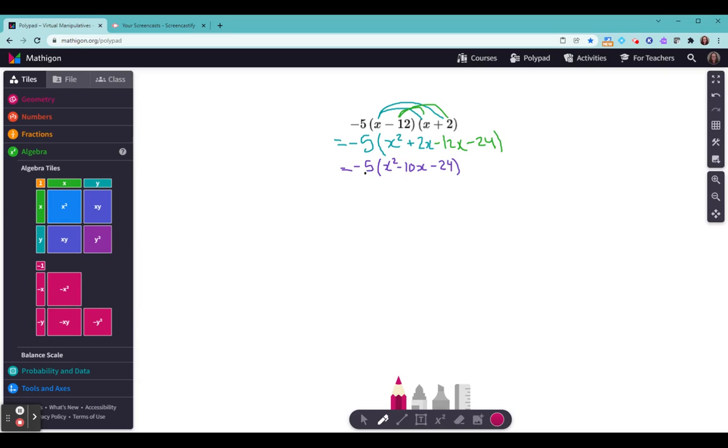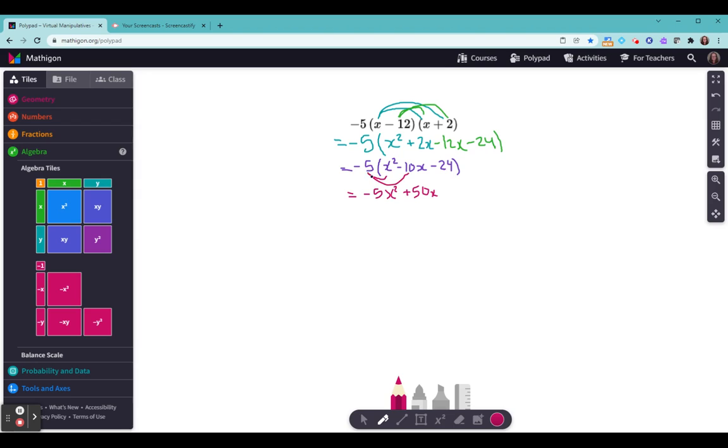All right, now I need to do my negative 5 times all of my terms, and I'm going to do that by each step. So negative 5 times x squared is negative 5x squared, plus negative 5 times negative 10x. Negative times a negative gives me positive, so plus 50x.